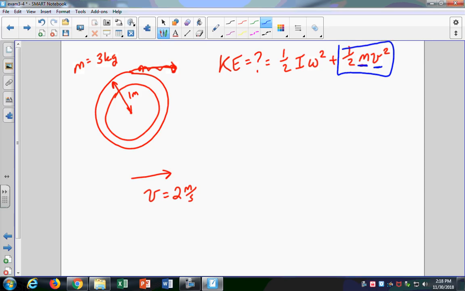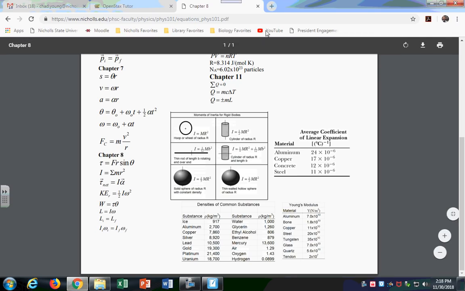That tire has additional energy that's not just its translational energy, because it's also rotating, just like the hockey puck. So I also need to find out what is I and what is omega. But I and omega aren't immediately given. I'll need to calculate them. So for I, go to my equation sheet.